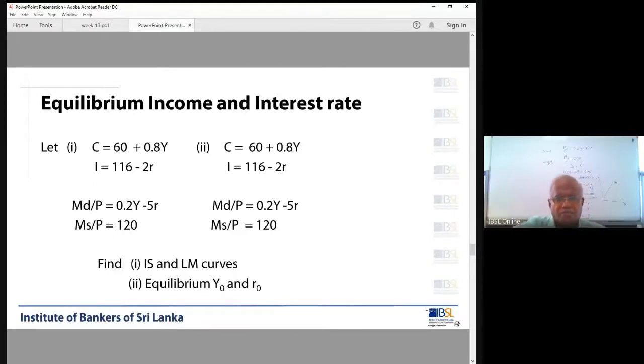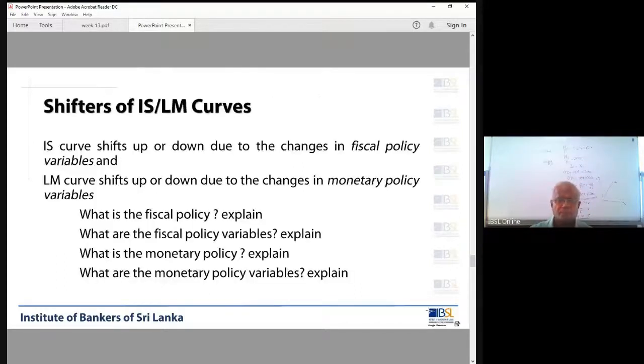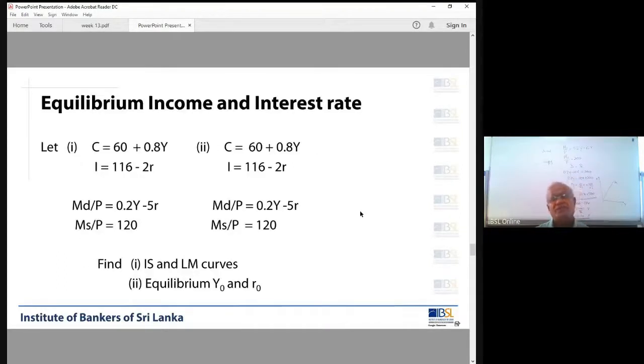Two diagrams. First diagram, draw the IS and LM curves briefly. Second diagram, IS and LM curves with the equilibrium income and interest rate. These are the homework questions. For the first question, write the IS curve, LM curve, and equilibrium interest rate and income. Second question, IS curve, LM curve, equilibrium income and interest rate.